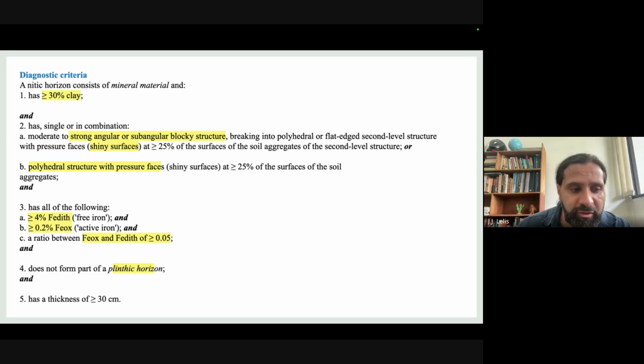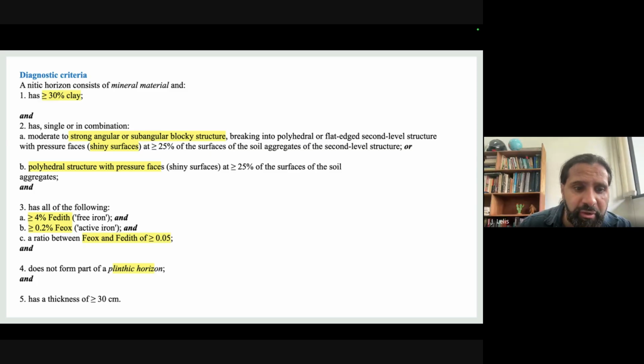That's the iron associated to low crystalline minerals and iron associated to organic matter, soil organic matter. And the ratio between iron extracted by oxalate and iron extracted by dithionite should be equal to or higher than 0.05. So I need to register a low content of iron connected to organic matter or connected to low crystalline minerals. The majority of this iron should be connected to hematite or goethite, highly crystalline minerals, okay?